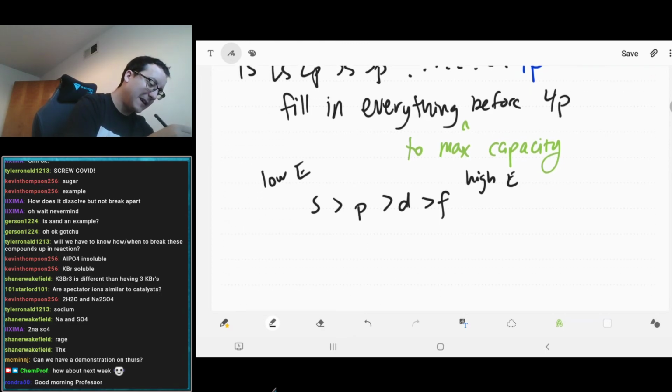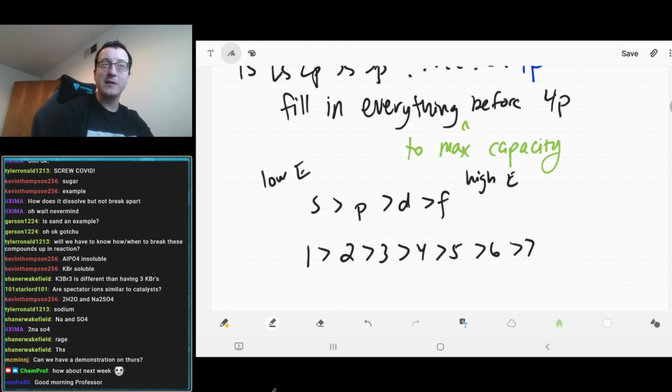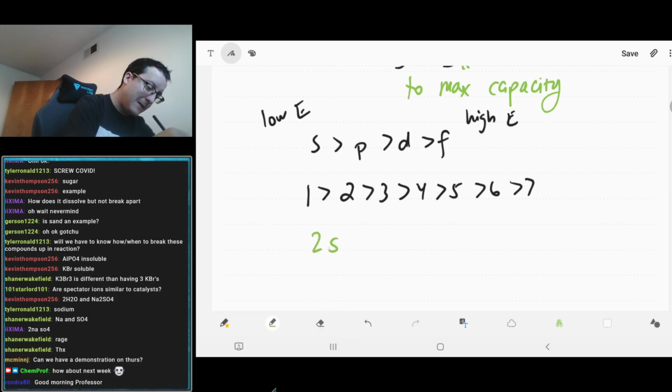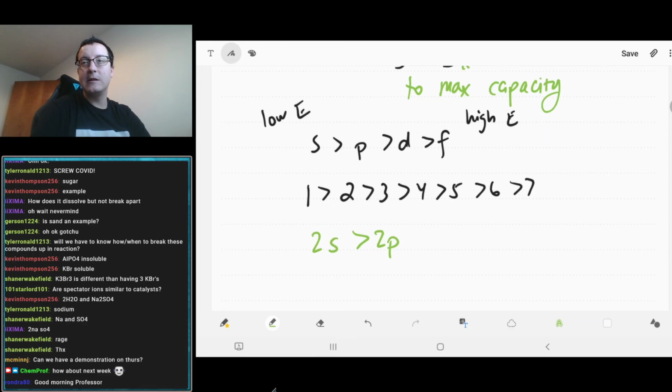We're going to see that, remember, same thing, that this was low and 7 was high energy. So we don't want to put stuff in 7 if we don't have to. Right? So, that being said, we can tell that 2s is a better orbital to fill than 2p, right? It fits both of these patterns.